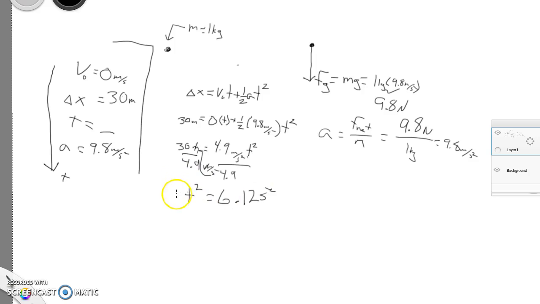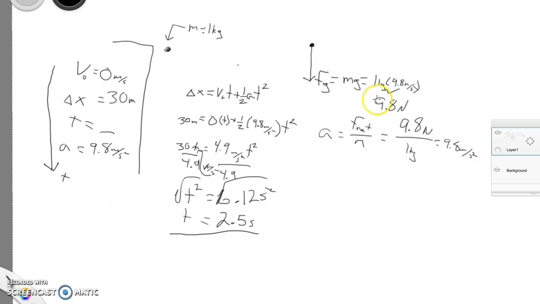Finally, we'll take the square root of both sides, and we should end up with about 2.47 or 2.5 seconds. So what that means is, if we were to drop a 1 kilogram object off of a 30-meter cliff, it would take about 2.5 seconds for that object to hit the ground.